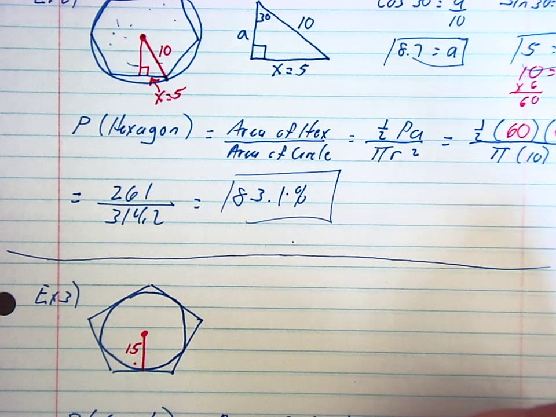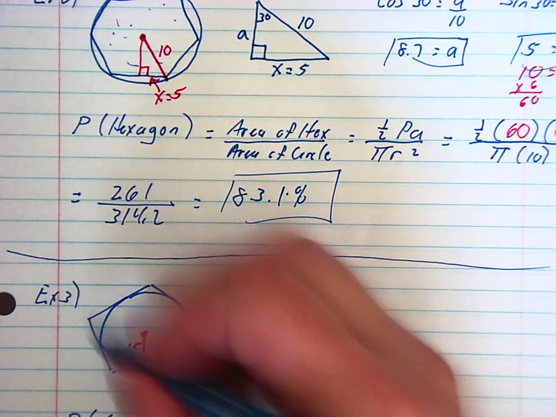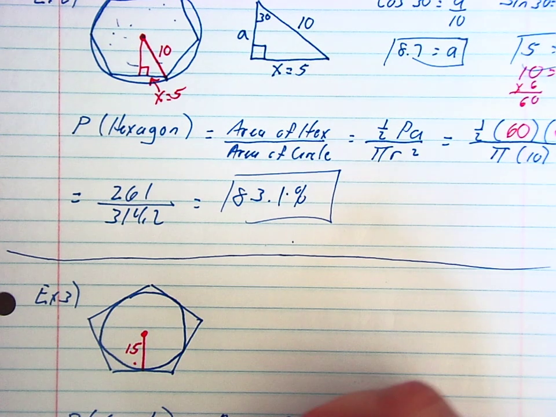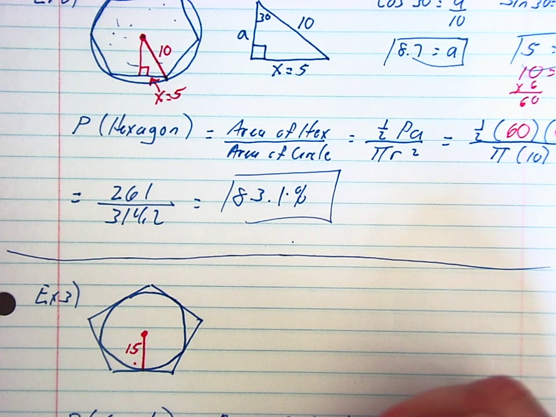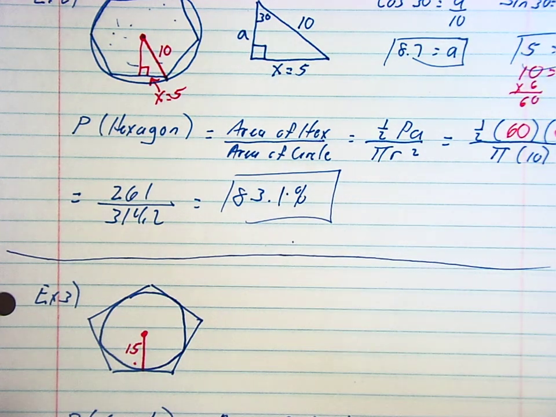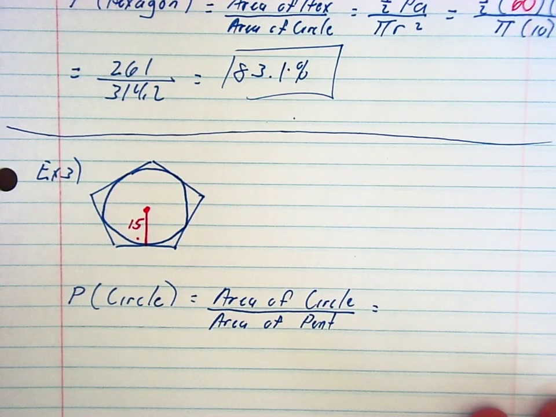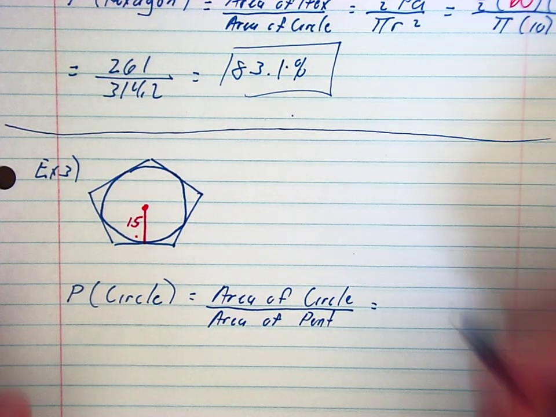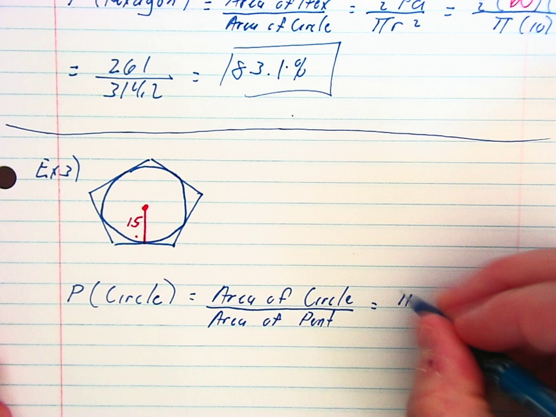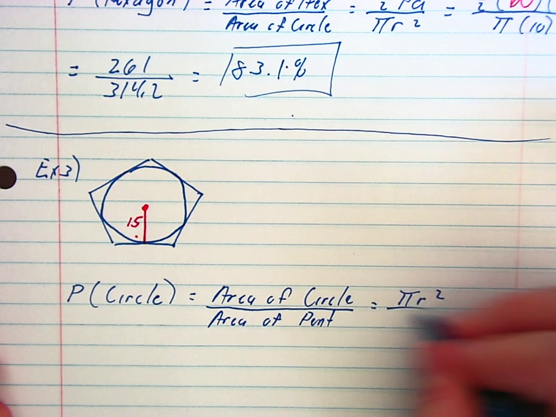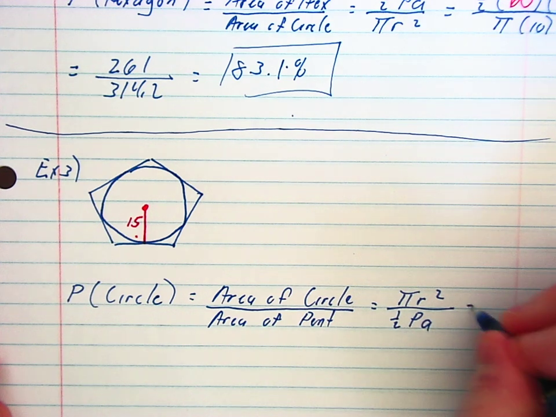And you're going to put that over the area of the whole thing, which in this case is the pentagon. Area of pentagon. All right. Sorry, you guys couldn't even see that. Sorry about that. All right, area of a circle, got to know the formula. Pi r squared. Area of a pentagon, 1/2 PA.